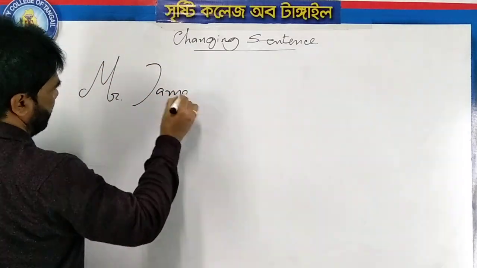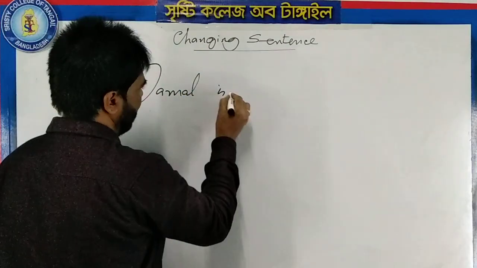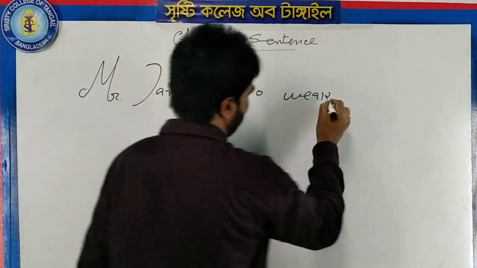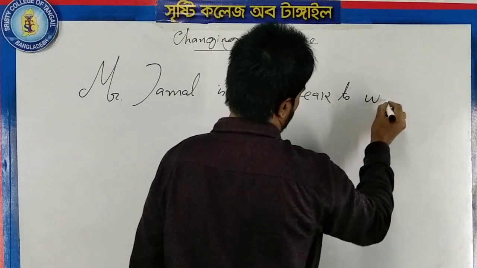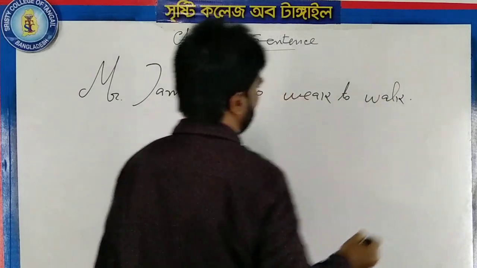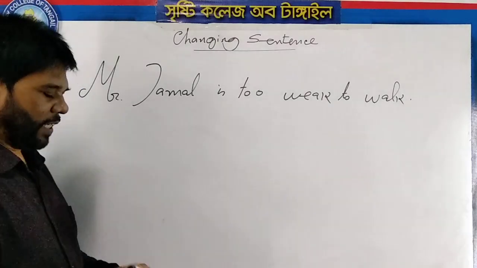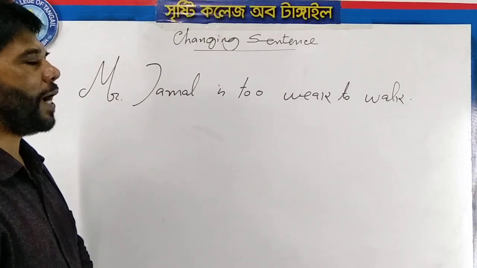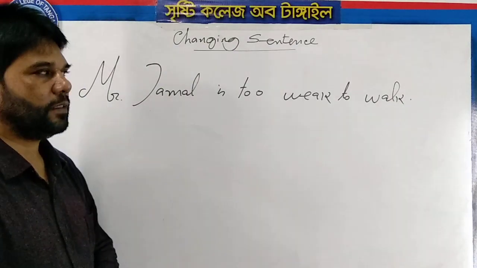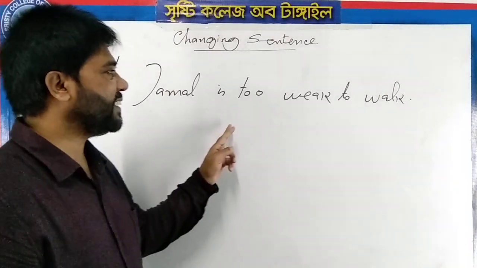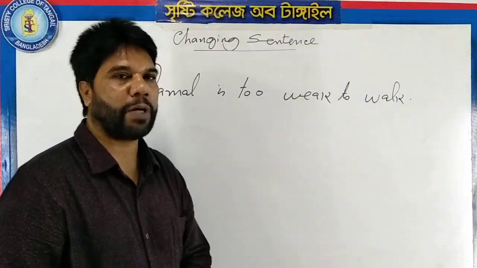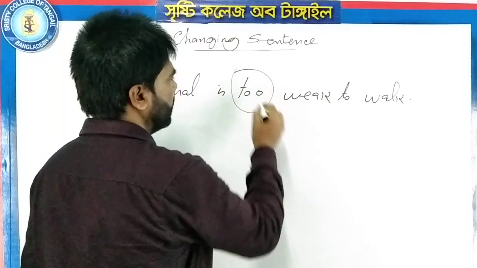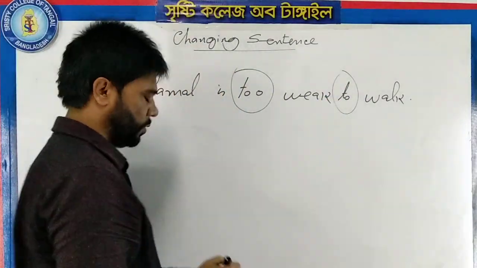Mr. Jamal is too weak to work. My students, follow the sentence written on the whiteboard. Mr. Jamal is too weak to work. This is a simple sentence, and if you are asked to transfer this sentence from simple to complex or compound, you have to know the uses of some rules: too and to.